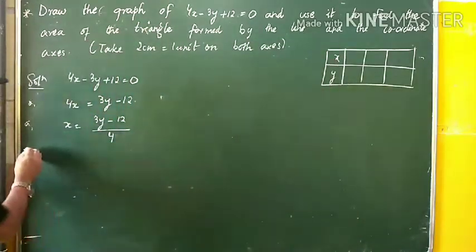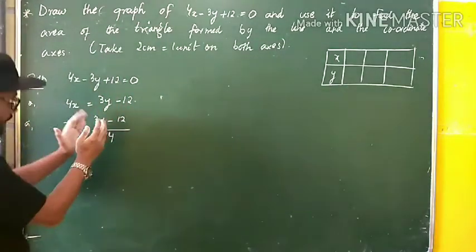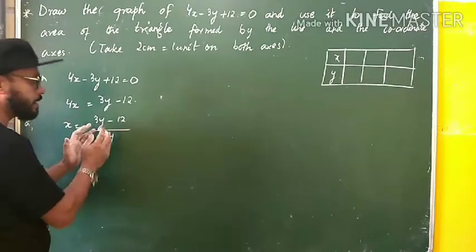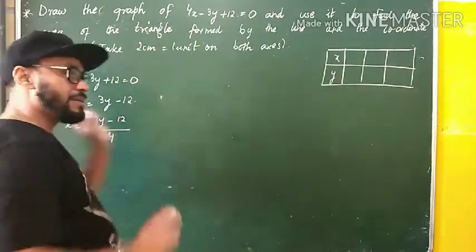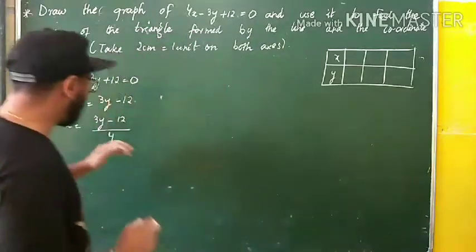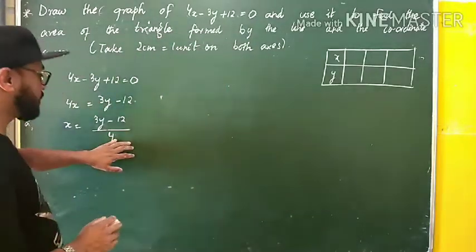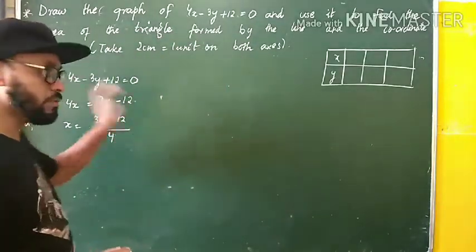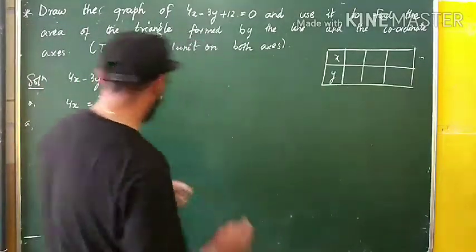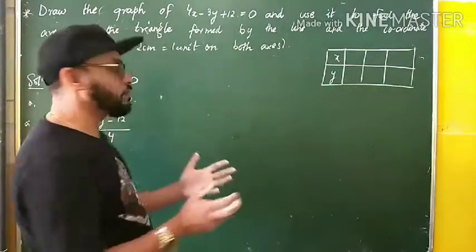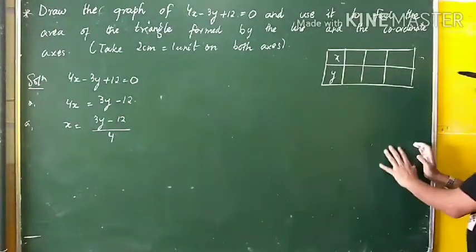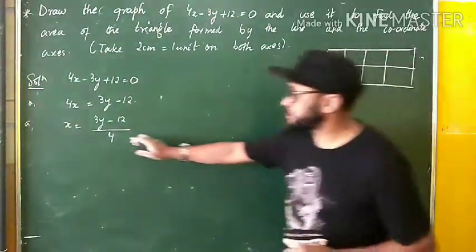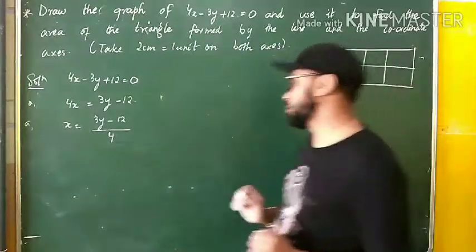Now, whatever variable is there on the right hand side is called the independent variable, so we have to take the value of y in such a way that when you do the calculation, it is divisible by 4. So what are the values that we take? All this calculation you have to do on the rough. Then we'll check at what value it will be divisible by 4, and that value we're going to take.